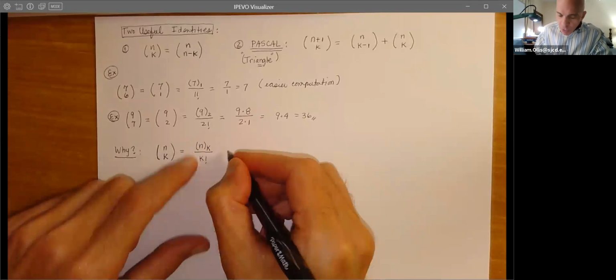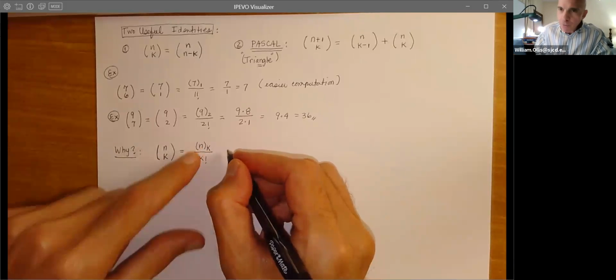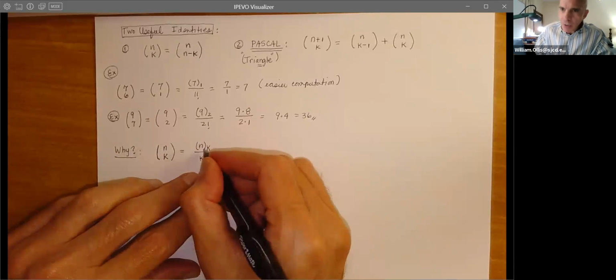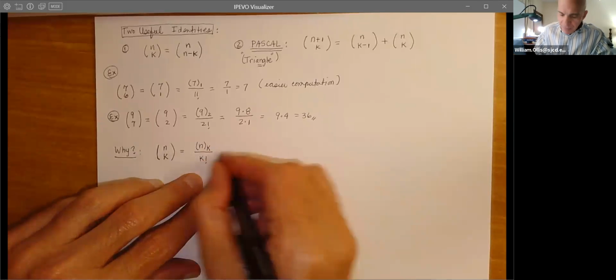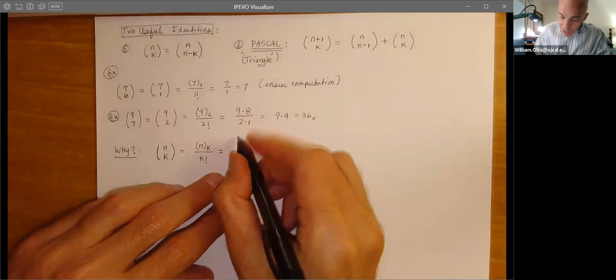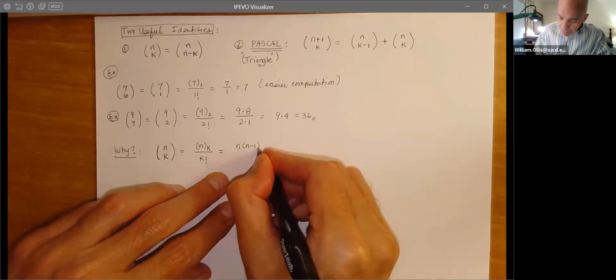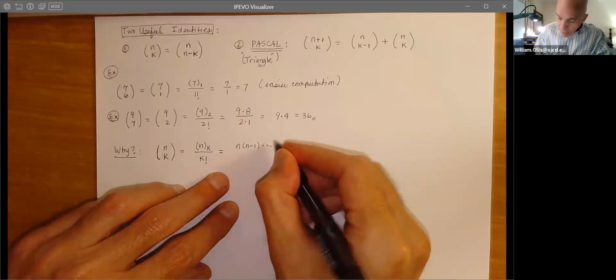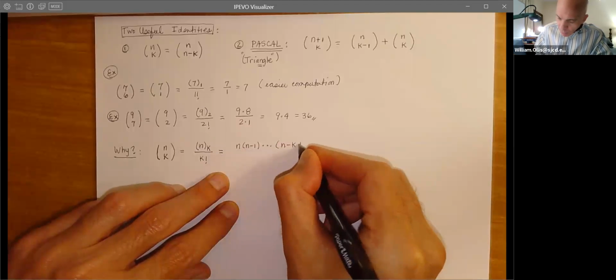I'm kind of giving you the notation here so you think falling factorial, k factors. You can often leave this out and go right to the falling factorial product and not write this. But we won't always write that. So this will be n times n minus 1, and we'll just dot down to the kth factor, n minus k plus 1.